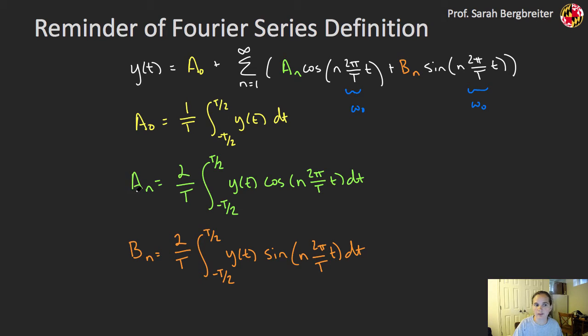For example, I'm trying to find the amplitude of the cosine part at the nth harmonic, so I multiply y of t by cosine of n 2 pi over T times t, and I do that over a period of the signal. The same thing for my b term: I'm multiplying y of t by the sine part, also from minus T over 2 to T over 2, over a full period of my signal.